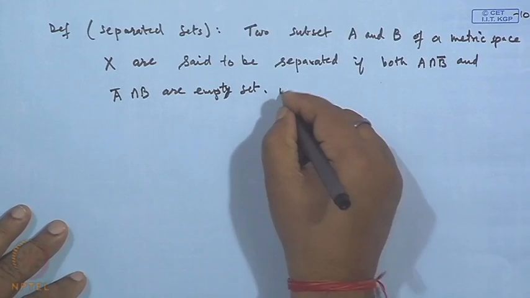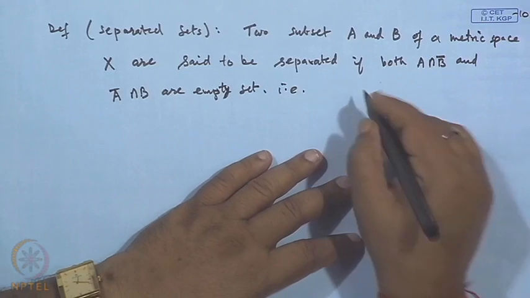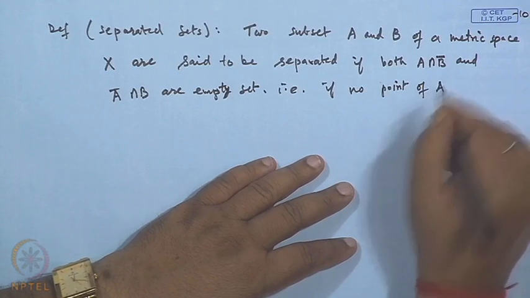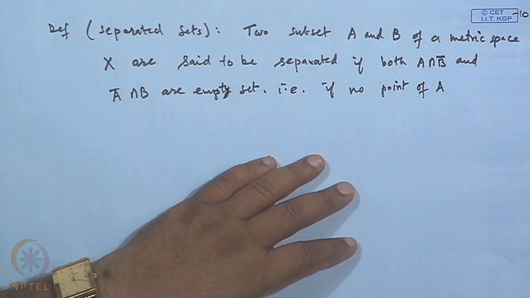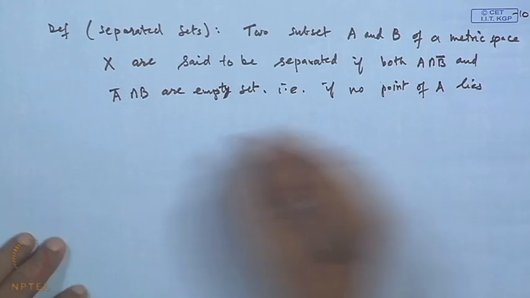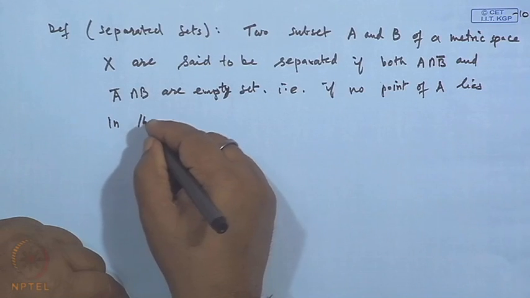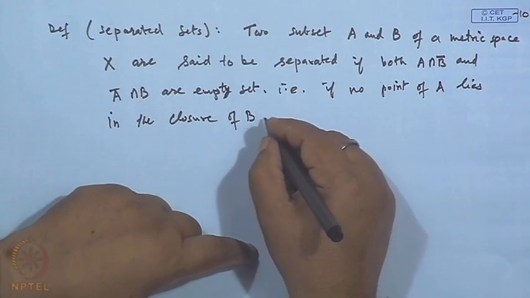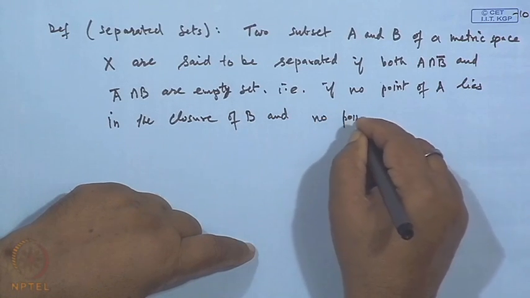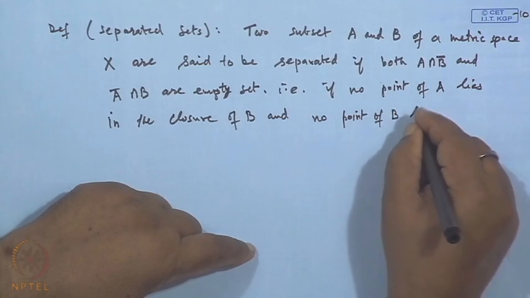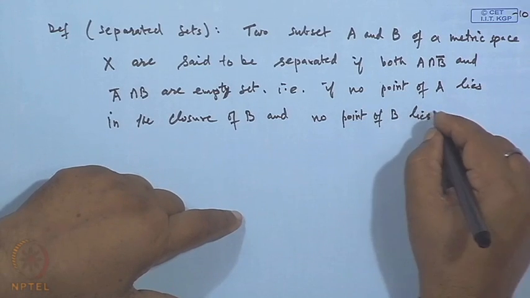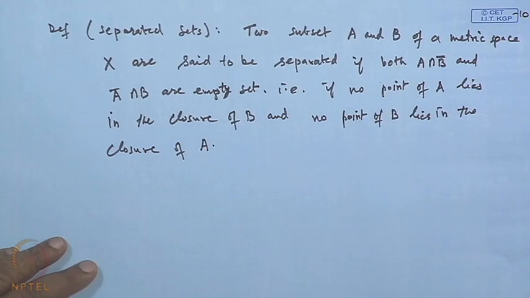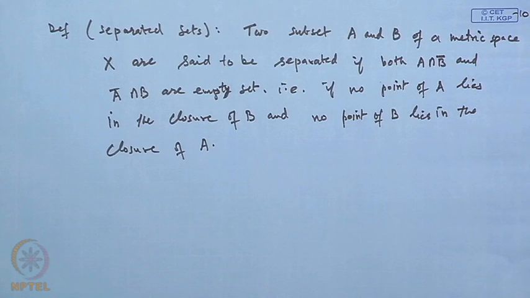It means that if no point of A lies in the closure of B, and no point of B lies in the closure of A, then we say these two sets are separated.